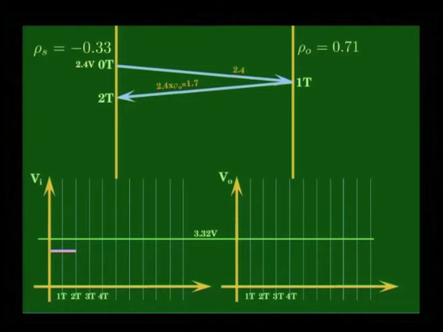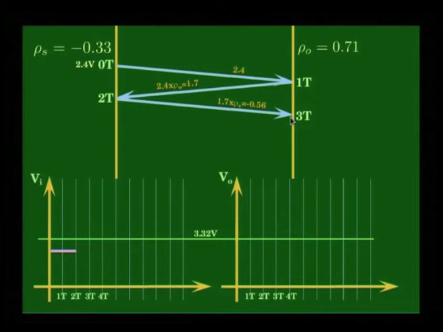So, it further gets re-reflected, but now with the source side reflection coefficient, rho s. So, 1.7 into rho s, rho s was minus 0.33, it becomes minus 0.56. Now, that is reaching at 3 t at this point.